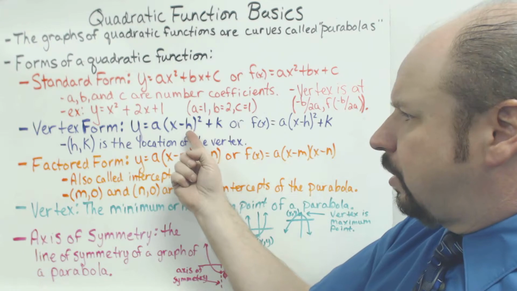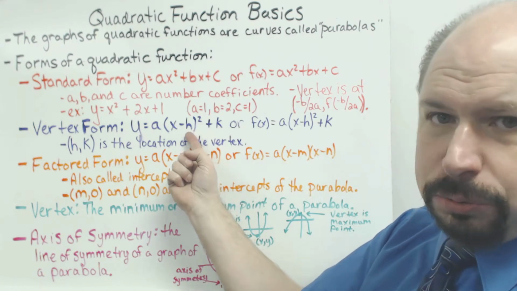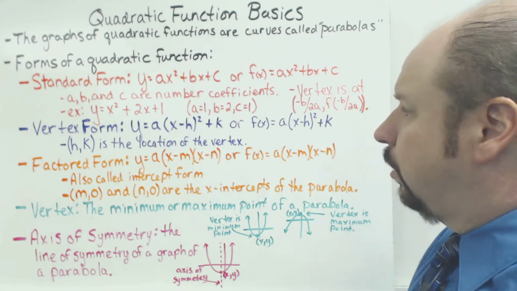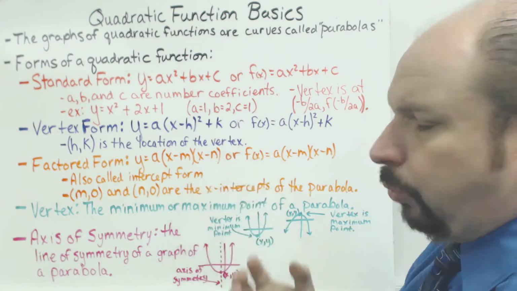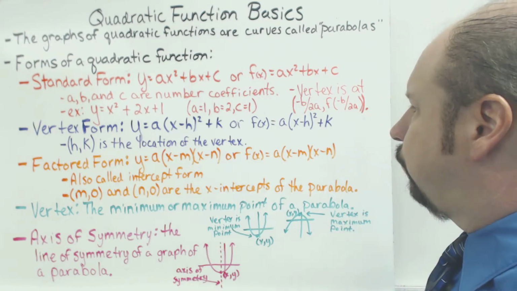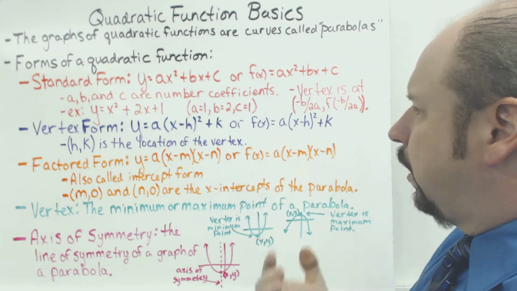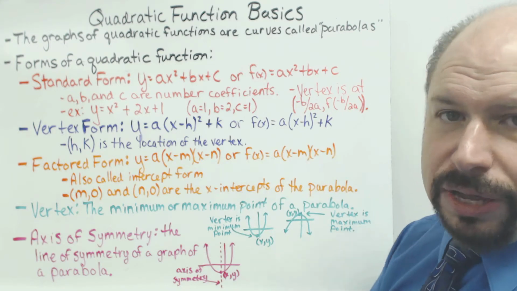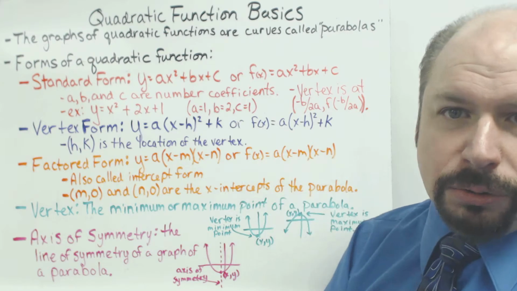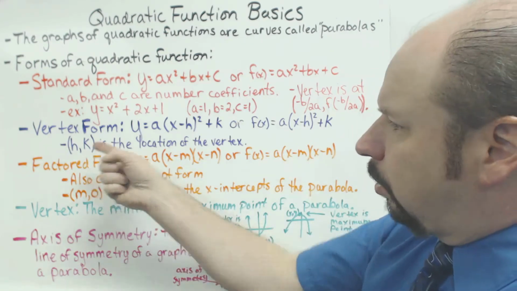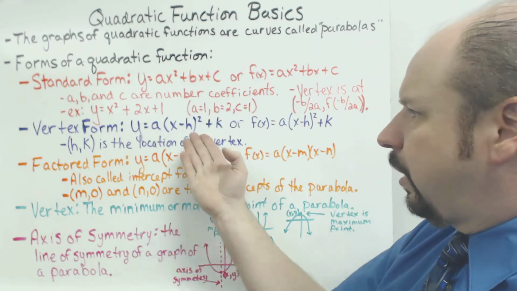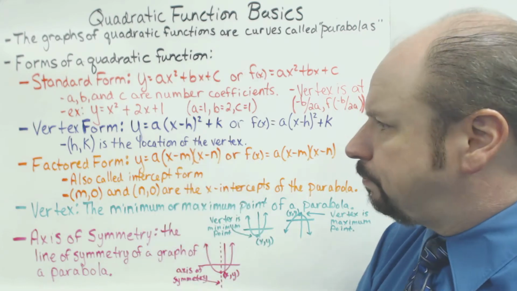So for this, this would move our graph either to the right or left h units, and it would move it up or down k units depending on if k is positive or negative. Or if we were to look at that in function notation, f of x equals a times the quantity x minus h squared plus k. And our vertex, of course, is located at h, k. So it's easy to find from our vertex form.